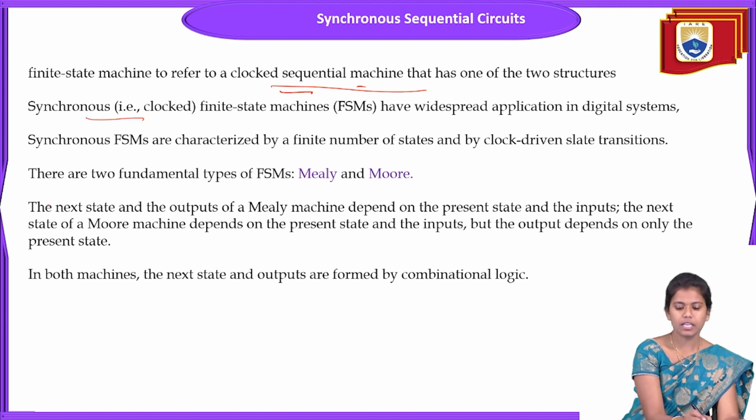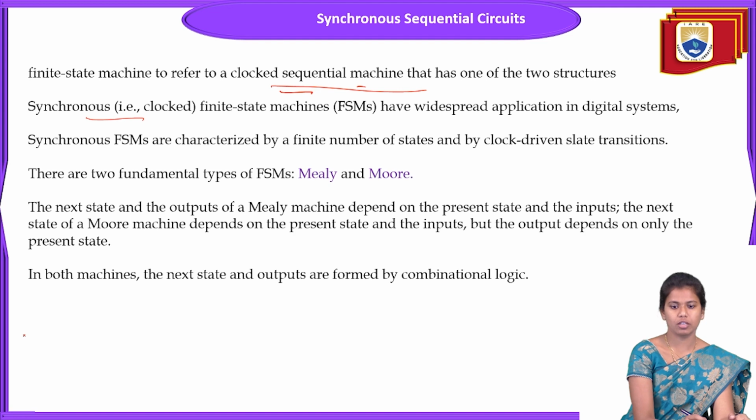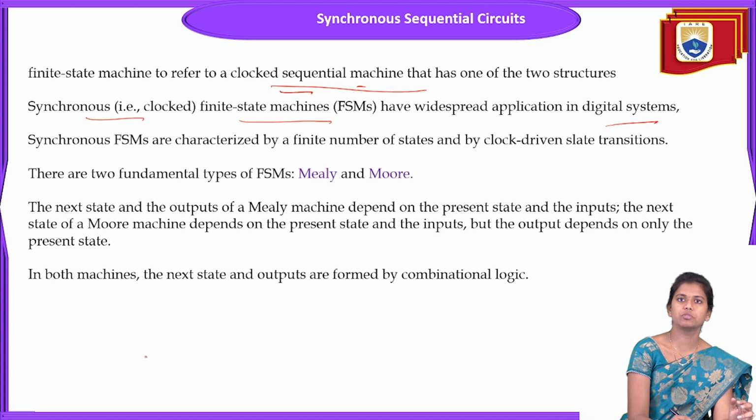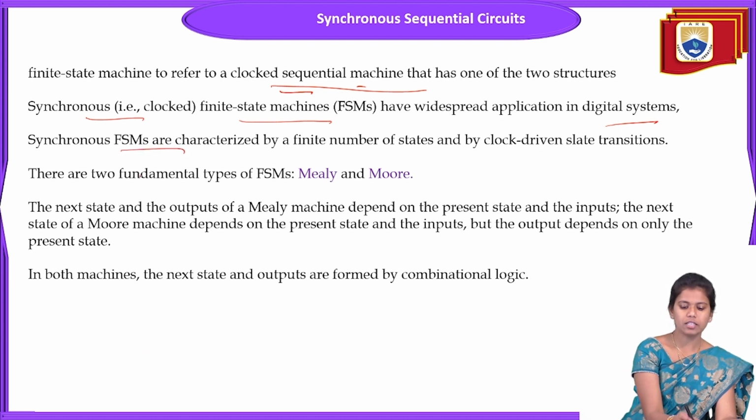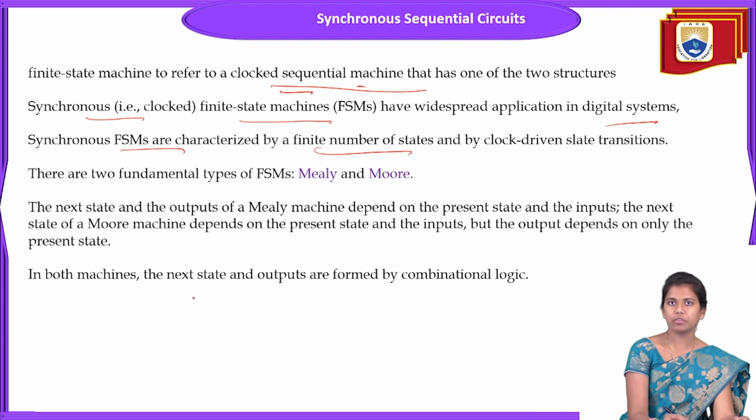Moore. Here synchronous means with respect to the clock, and clocked finite state machines are widely used in digital systems, as opposed to asynchronous ones. In digital systems, synchronous sequential machines, that is, with respect to the clocked signals, are used widely. And synchronous sequential machines are characterized by a finite number of states which are driven by the clock in the state transition.